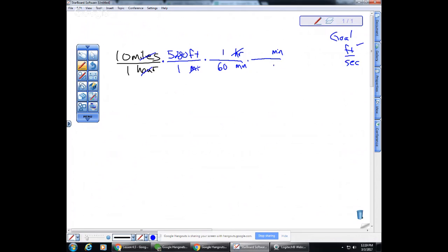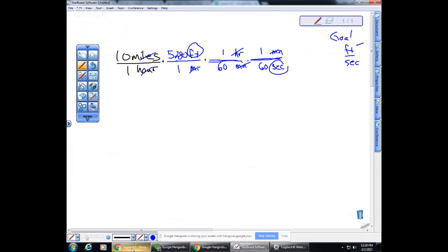I know that there are 60 seconds in 1 minute. And now minutes is gone, and I've reached my goal of feet per second. So this sequence of multiplying fractions says to take 10, multiply by 5,280, then divide by 60, and then divide by 60 again.